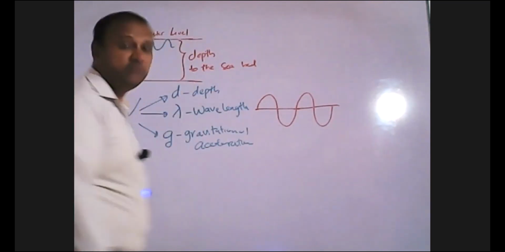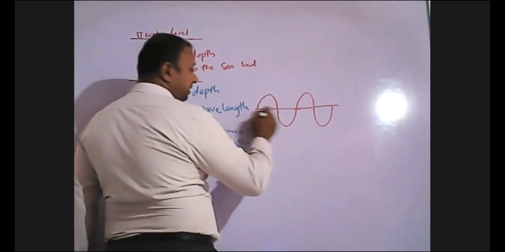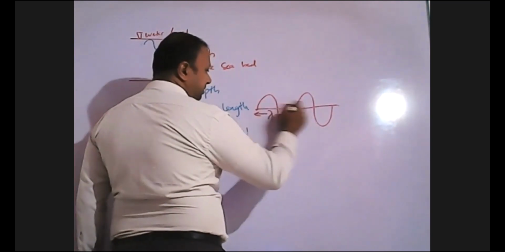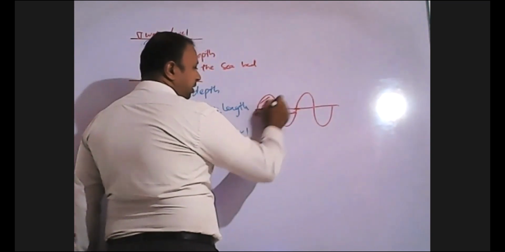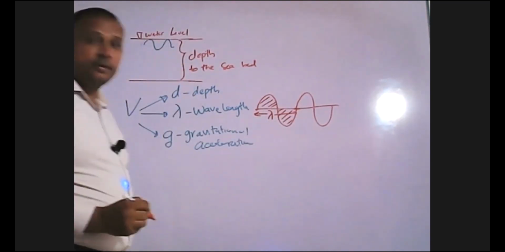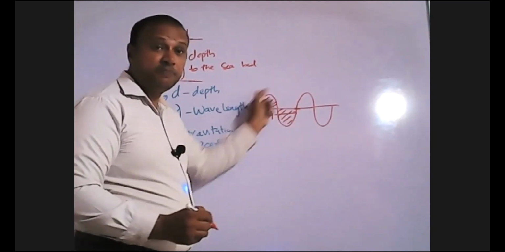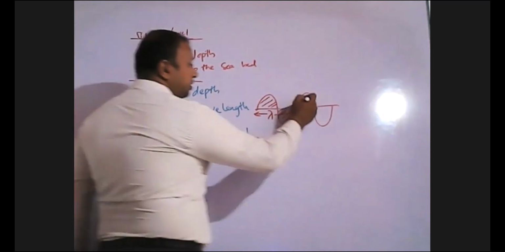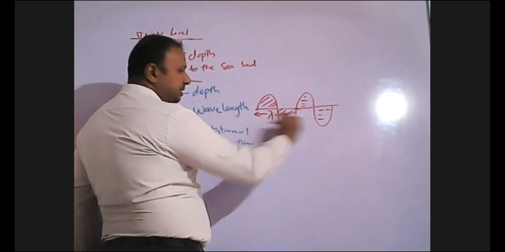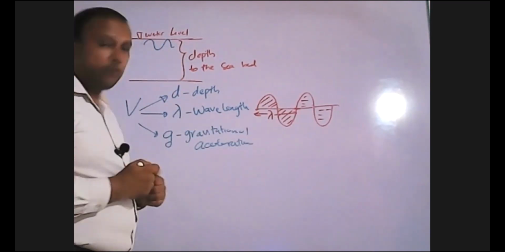If this is a wave, wavelength is the distance between these 2 points. Normally we call this a full wave, a complete wave. So there are two complete waves. So lambda is the distance between these 2 points. Wavelength.